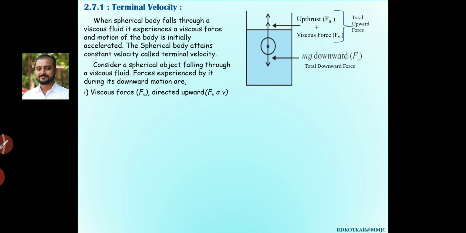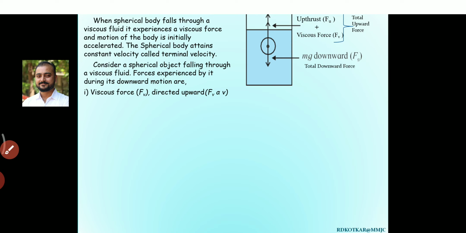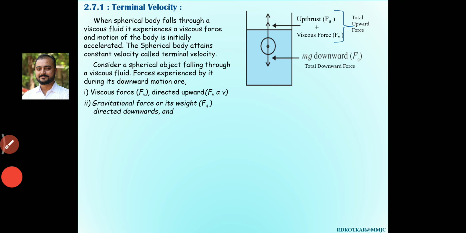First one is the viscous force Fv, which is directed upward. As you observe in the diagram, this viscous force is acting in the upward direction on this body. Then the gravitational force or its weight Fg, directed downwards.